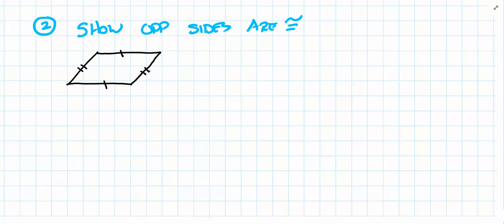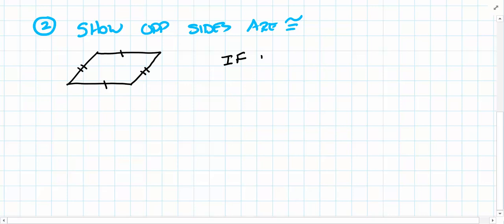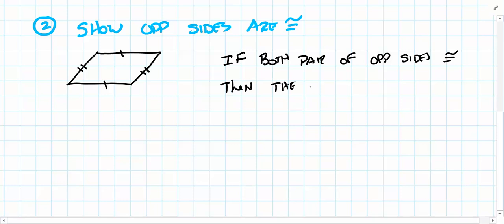So here's what we'll write down. We say this: if both pairs of opposite sides are congruent, then the quadrilateral is a parallelogram.